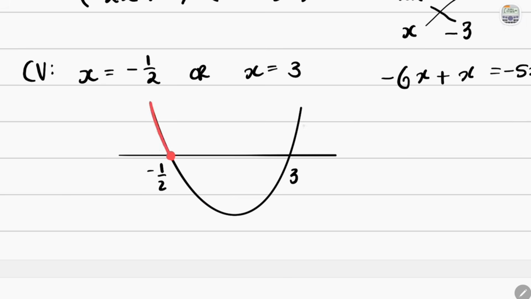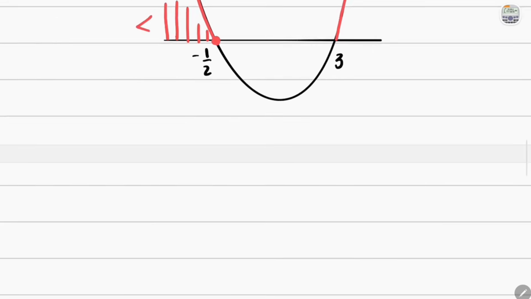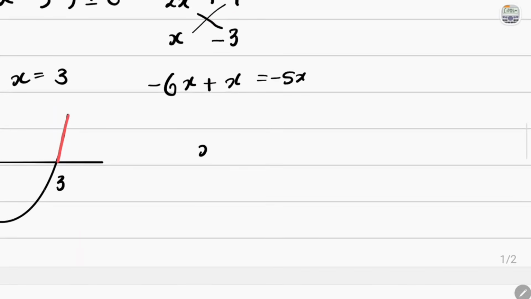And when we line this down to the x-axis to better understand their x values, you see where these values point towards. If this is negative 1 over 2, the values are pointing towards values to the left of negative 1 over 2, which are values that are less than negative 1 over 2. So our first solution is x is less than negative 1 over 2.